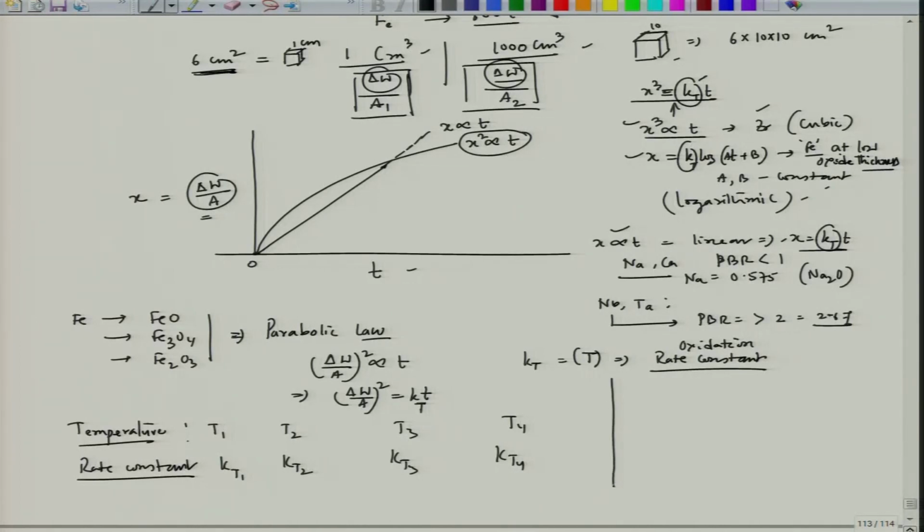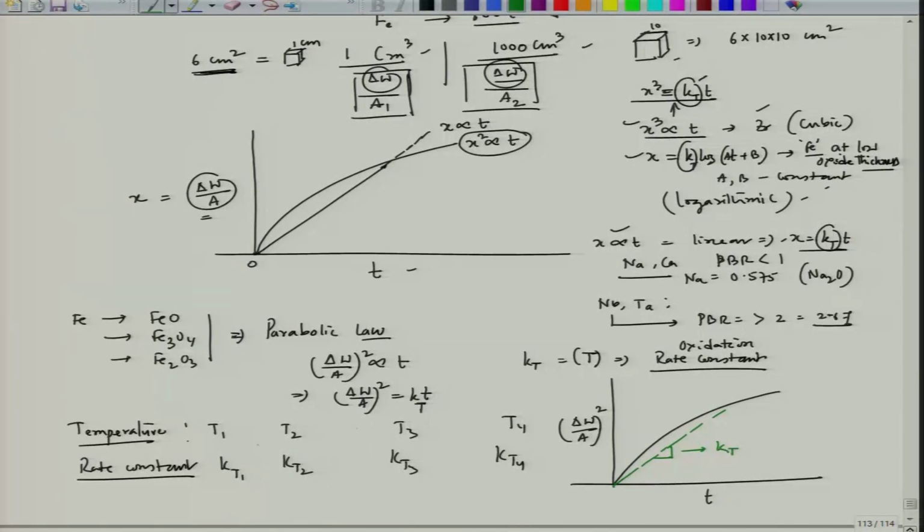How? I will do this parameter with time, and I will see that the parabolic law is valid. After that, I can take the square of it, and then if I plot the square of that with time, I should get a straight line, and the slope of that straight line becomes kp. Okay.